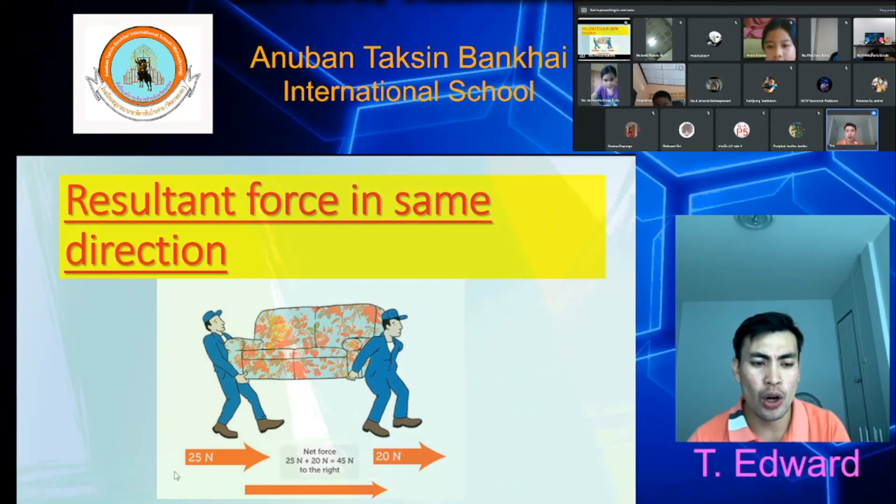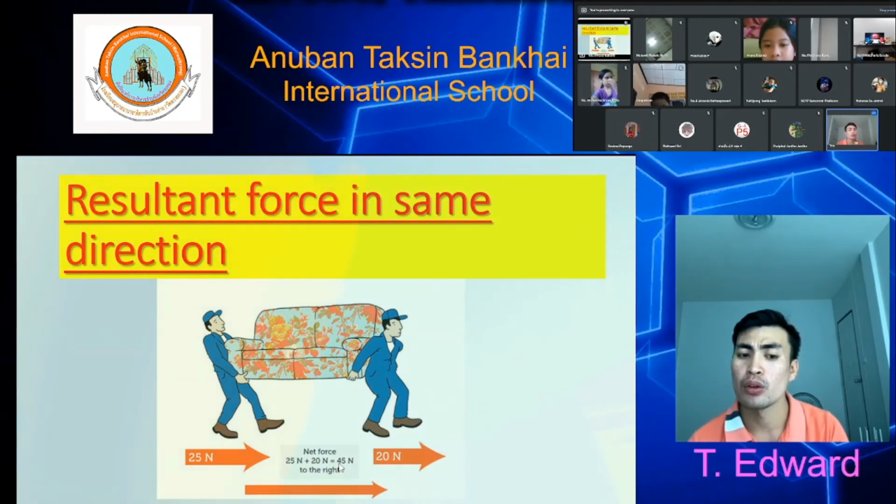Yes. So, the first guy here has 25 Newton going to the right. And the other guy has 20 Newton also going to the right. So the net force here, 25 Newton plus 20 Newton, is how much? What's the answer? 20 plus 25.